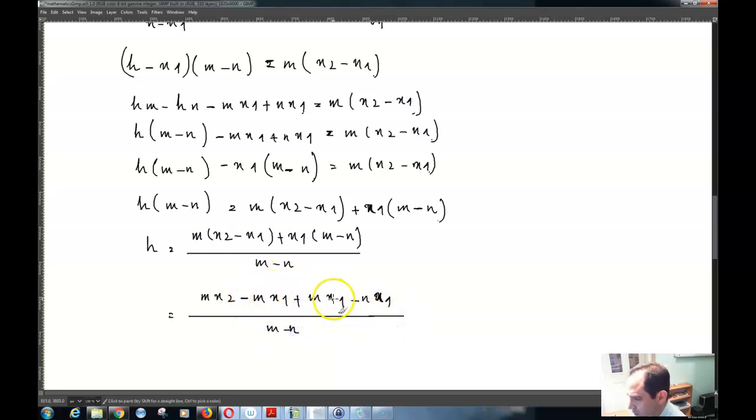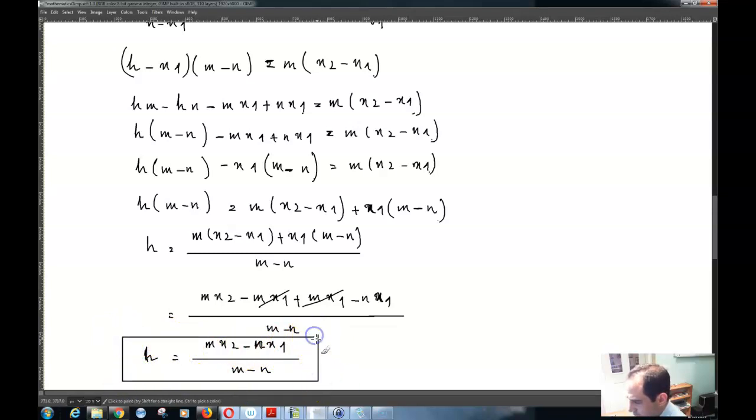You can cancel these two out, so you'll have m times x2 minus n times x1 over m minus n. That is your h.